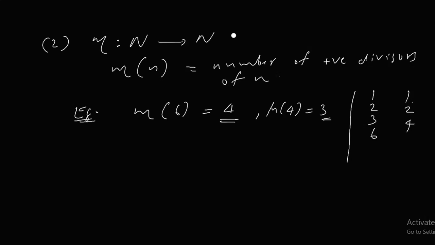Now, if it's a very small number, it's really easy to calculate how many positive divisors there are. As in the case of 4 and 6, we know what the divisors are, so we just list and count them. But that may not always be possible for big numbers.